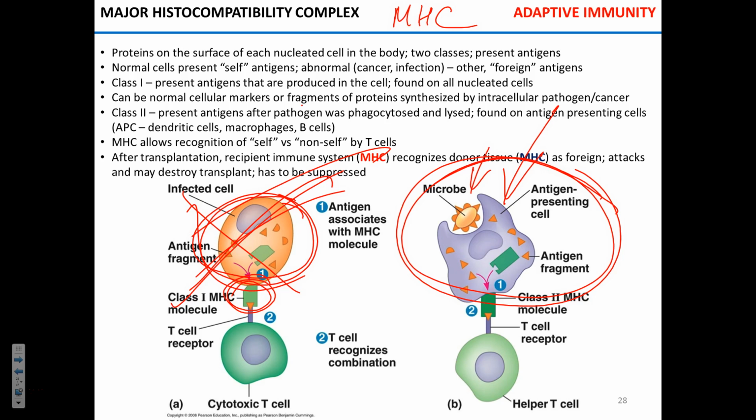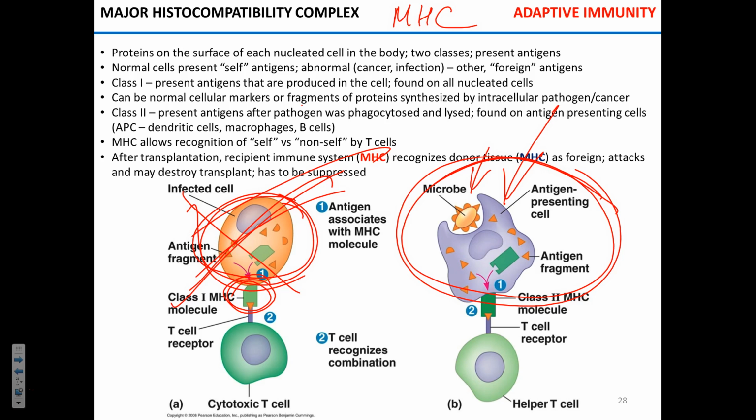Now I have two nucleated cells, 1 and 2. Turn around. Can you please present the antigens? You can kill. Which one would you kill? The red one. Exactly, because you now know I presented you with this.